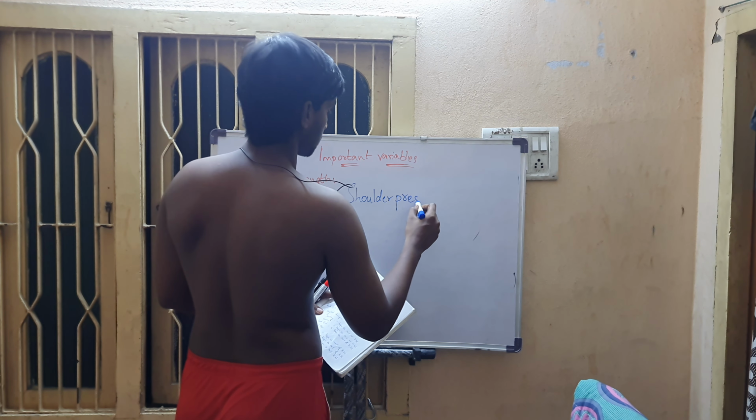Next one, hip thrust: 10 reps at 1.9 times body weight. And last one, keep the core strong.